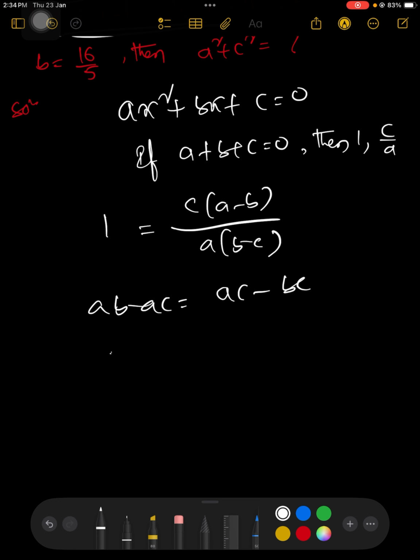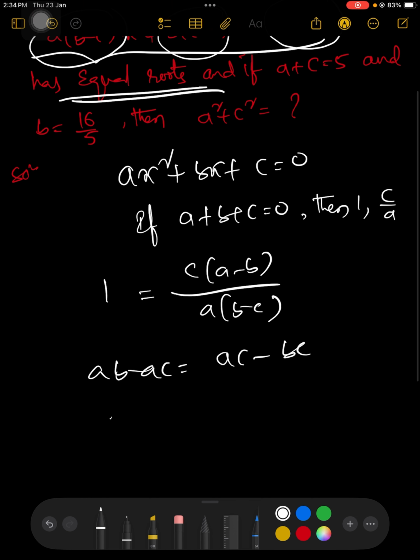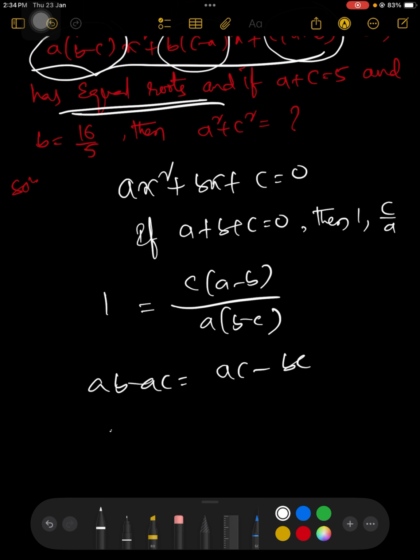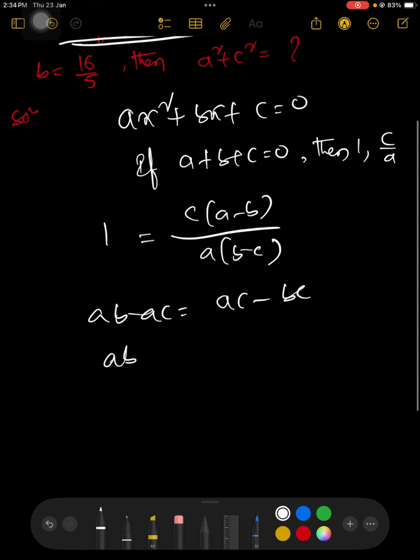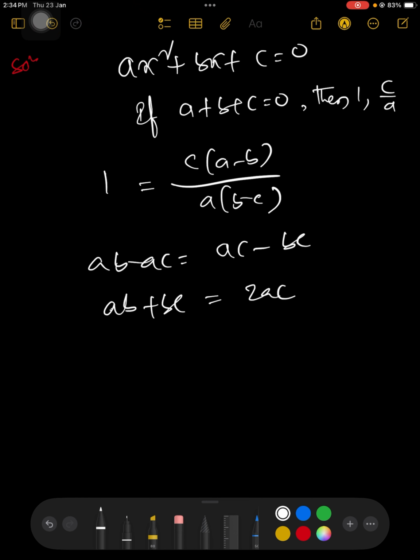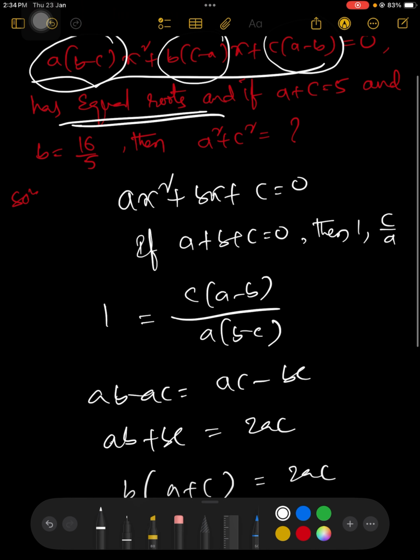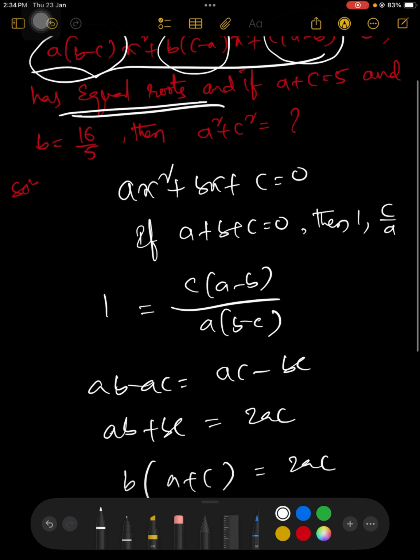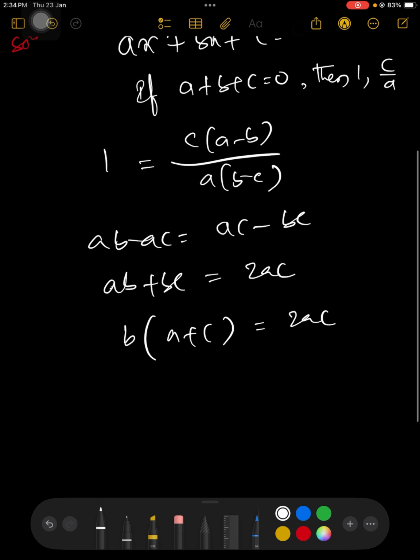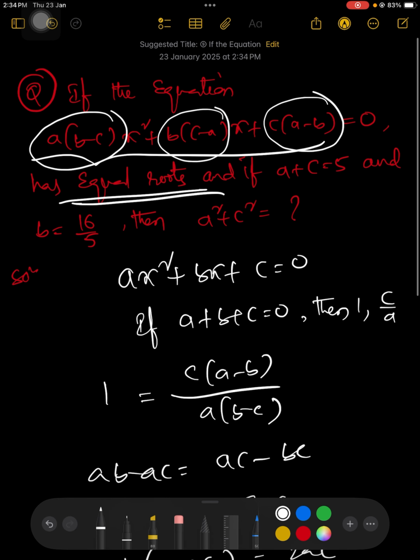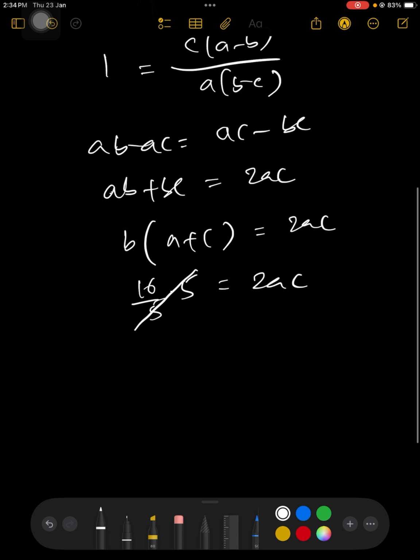Here the b value they have given, and the a plus c value also they have given, so we can bring this bc to the left side: b times (a plus c) equals 2ac. The a plus c value is 5 and the b value is 16 by 5. So 16 by 5 into 5 equals 2ac. Then 2ac equals 16. Then ac equals 8.